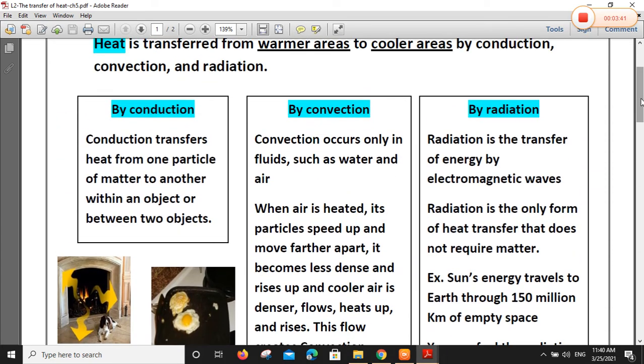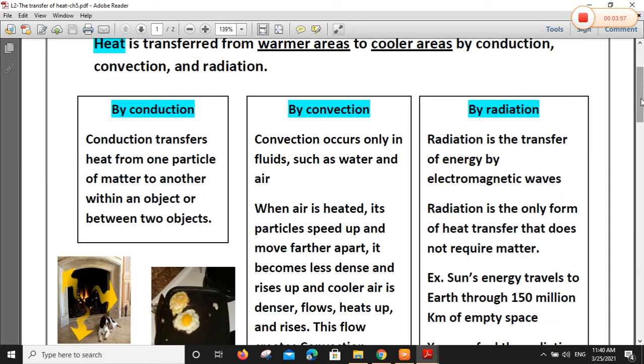The third way of heat transfer is radiation. Radiation is the transfer of heat energy by electromagnetic waves.